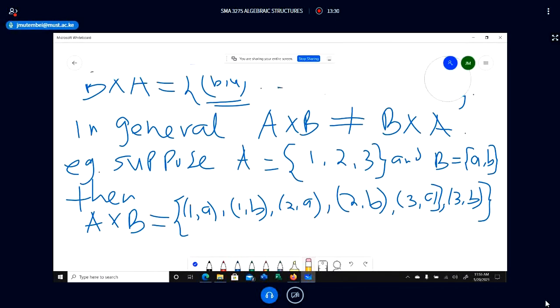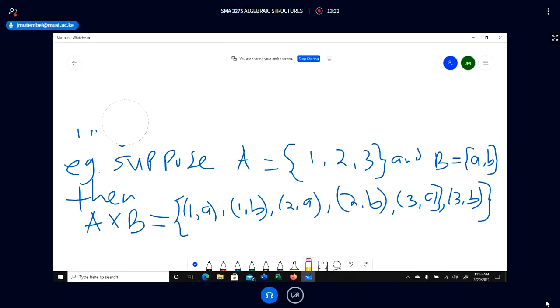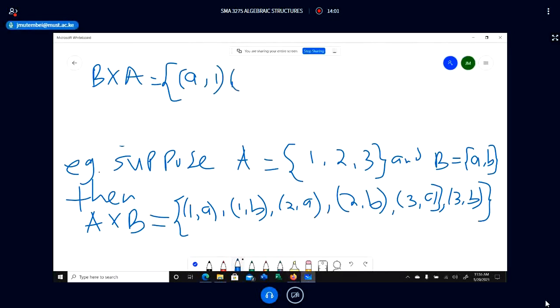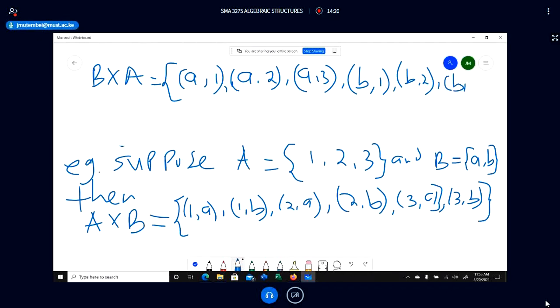But now if we reverse that to obtain the Cartesian product B cross A, it will be the collection of points where the first element comes from B and the second comes from A. So we shall have points of this kind: (a, 1), (a, 2), (a, 3), (b, 1), (b, 2), (b, 3).